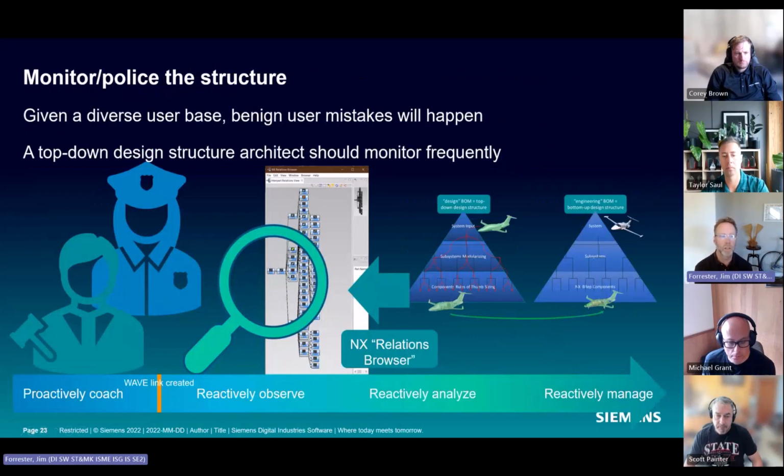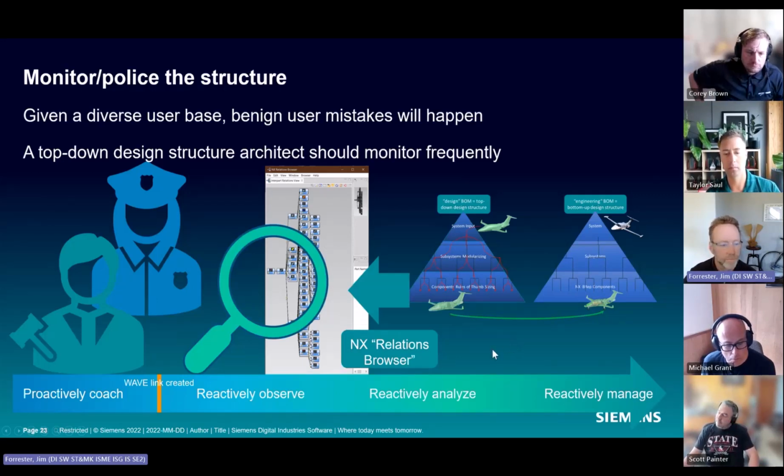Monitor, police the structure. Given a diverse user base, benign user mistakes will happen. A top-down design structure, architects should monitor frequently. And here, it's relations browser. Here's an example. And this tool will tell you if you have links going on a circular basis, or they're going up, or this is a tool that can be used, and these tools are getting better with every release.